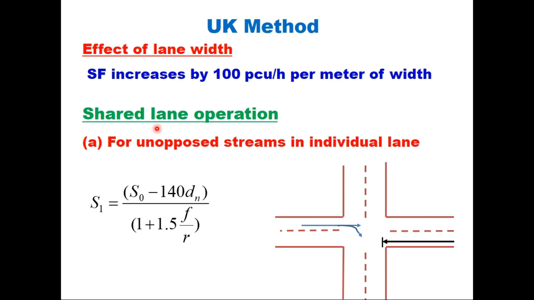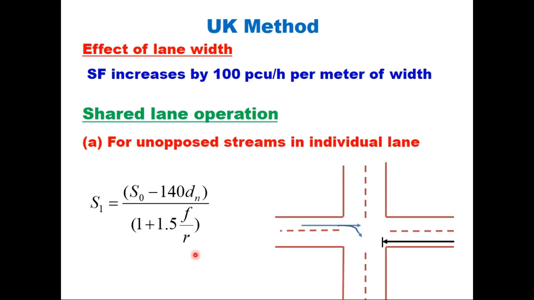In shared lane operations, there can be two conditions. One, that this lane is shared by right turning movement as well as through traffic, but when right turn moves, there is no opposing flow here. These vehicles are stopped. Means this is exclusive phase in the signal. Now in that case, for unopposed streams in individual lane, S1 is given by this equation.